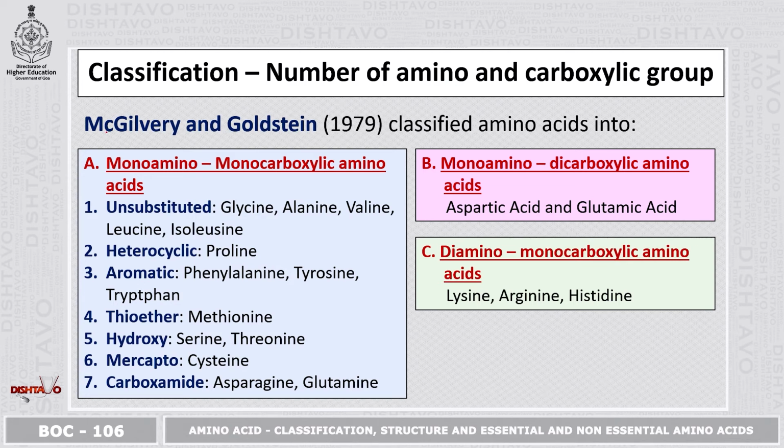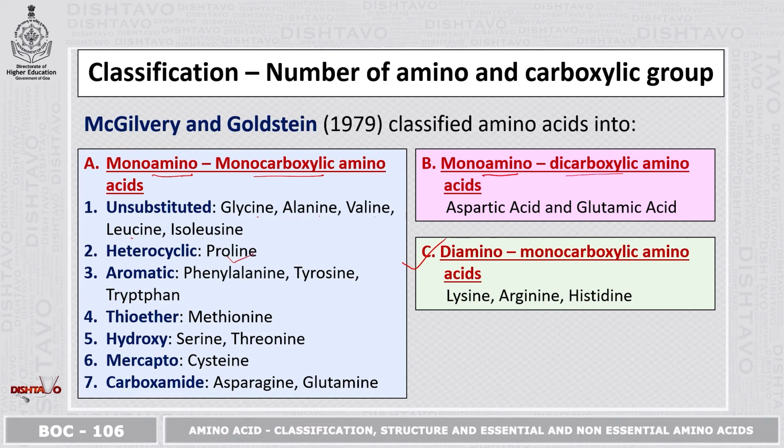McGilvery and Goldstein in the year 1979 classified amino acids into three types. The first category is monoamino monocarboxylic amino acid. The second one is monoamino dicarboxylic amino acid, and the third one we have is diamino monocarboxylic amino acid. Under this we have subcategories: unsubstituted, glycine, alanine, valine, leucine, isoleucine.